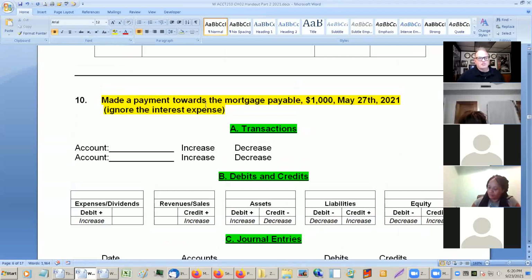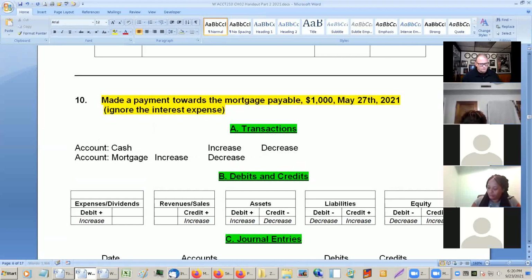Made a payment towards the mortgage payable, $1,000. What accounts? Cash, mortgage payable. Okay, so cash and mortgage payable.